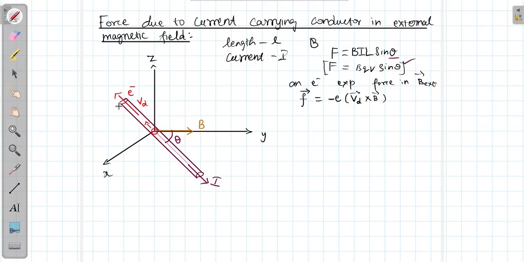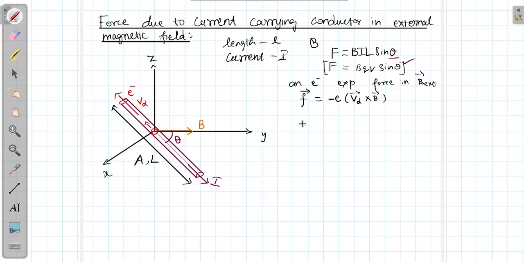But if you see the conductor, the entire conductor has a dimension: the length of the conductor is capital L and the area of cross section is A. Across its volume it has a number of electrons.